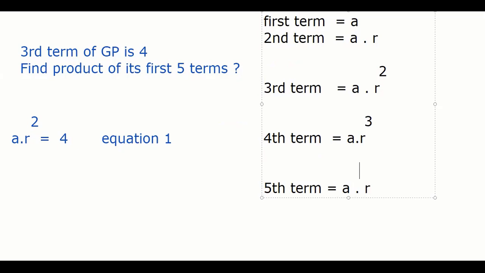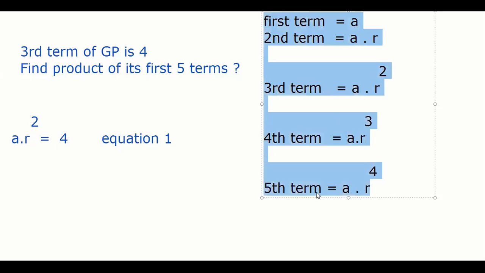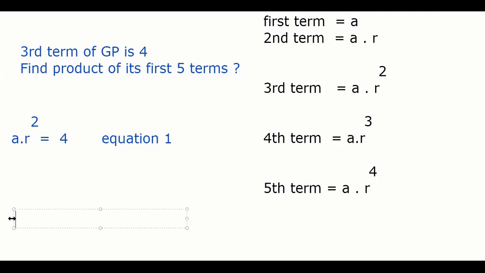Now all of you know this is already given, and the question says the product of all the 5 terms. If we multiply all of this, your product will be: how many times is A coming?